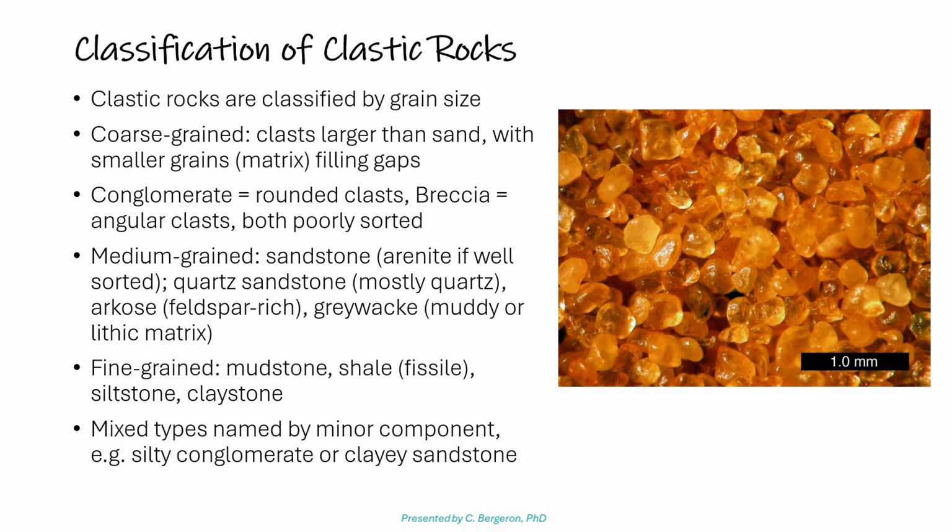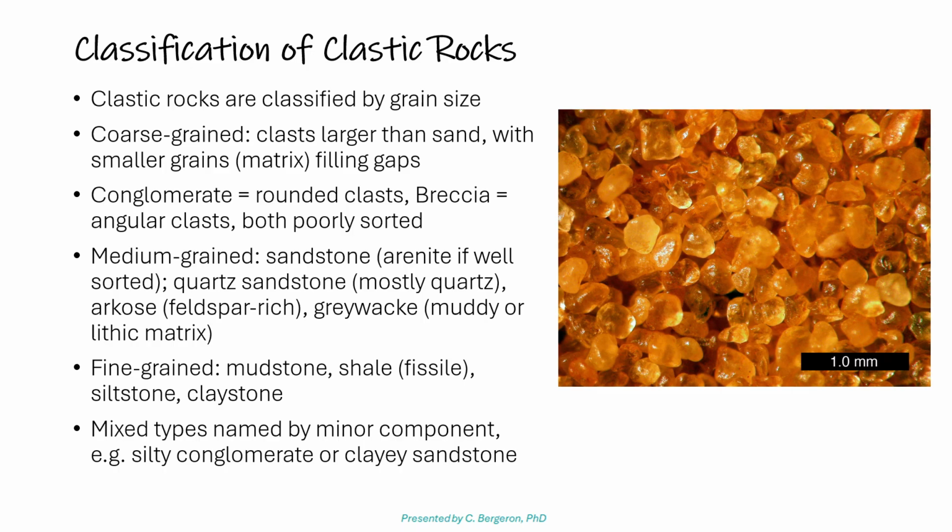It's a conglomerate if the clasts are rounded, especially the bigger clasts. And it's a breccia if the clasts are more angular. But both conglomerate and breccia are going to be your coarse-grained rocks, and they are both poorly sorted. The distinction between the two is that one has rounded and the other has angular clasts.